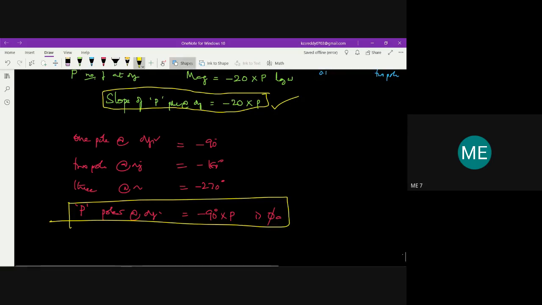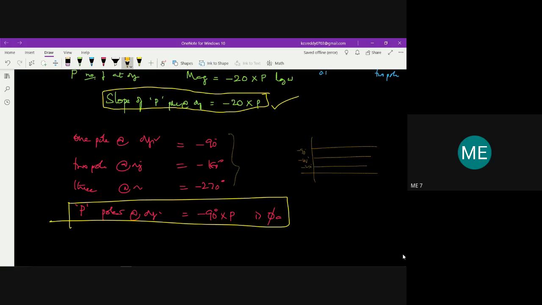If I draw this phase angle plot, one pole at origin is minus 90 degrees, two poles at origin minus 180 degrees. Straight away you can draw the minus 270 degrees like that. So based on the number of poles at origin, we can plot in the generalized way, that is minus 90 degrees into P, for poles at origin.